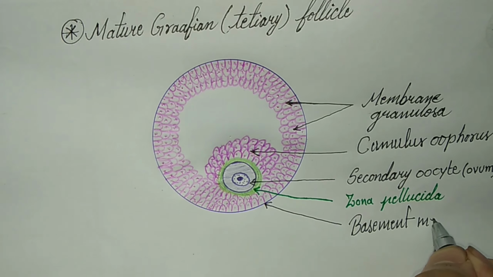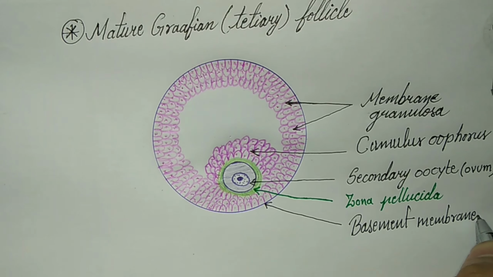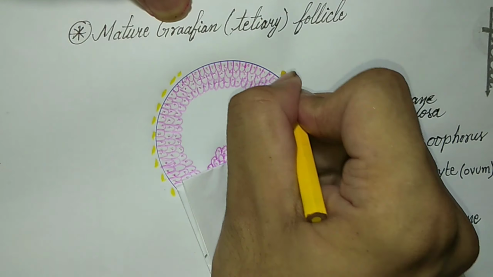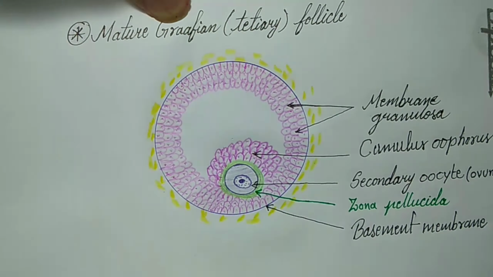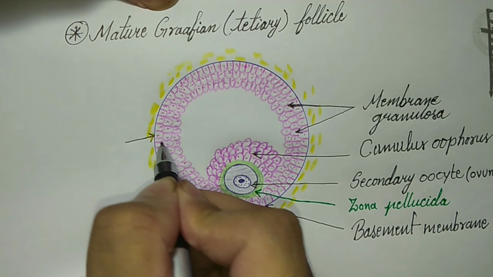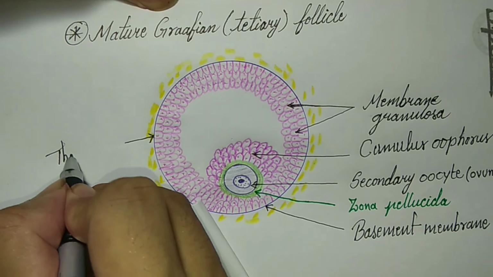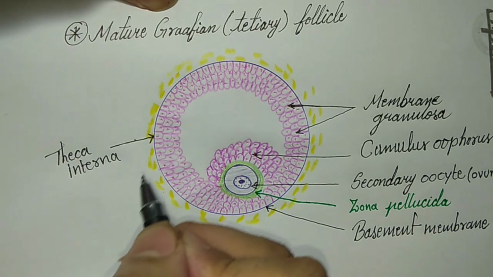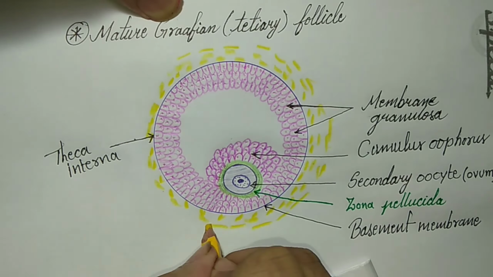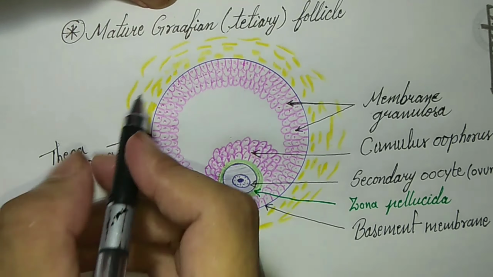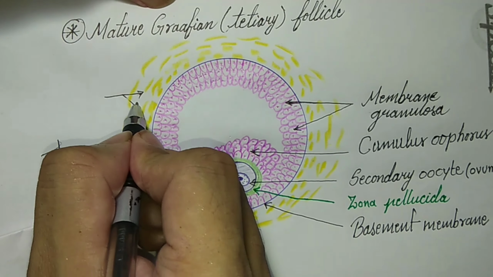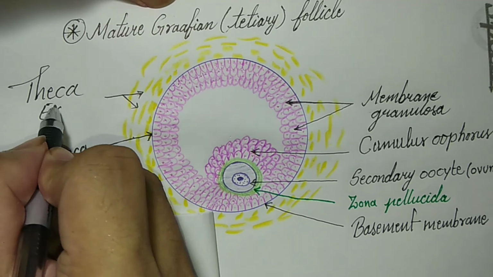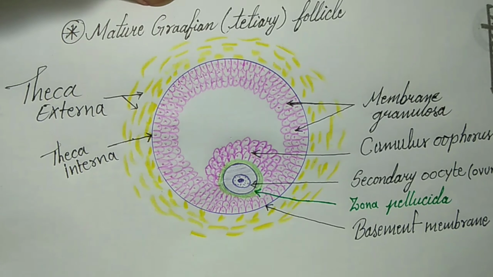And here is the basement membrane you can see. Here also is the presence of theca interna in the mature Graafian follicle, which is also called the mature tertiary follicle, and theca externa is present.